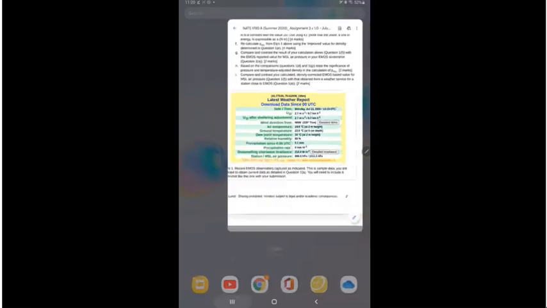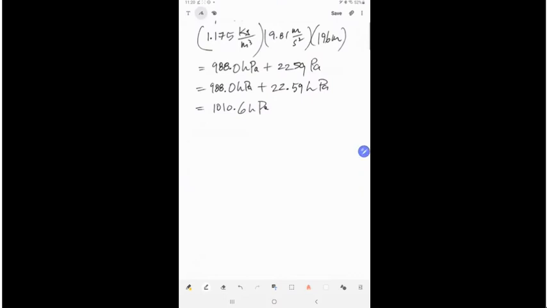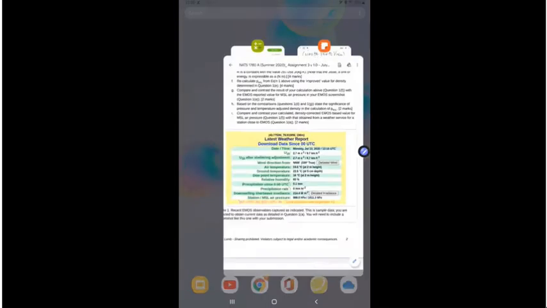And that's our answer for F. So G is where we make the comparison. The PMSL from EMOS, if memory serves me correctly, is 1011.3 hectopascals. Let me just check that.